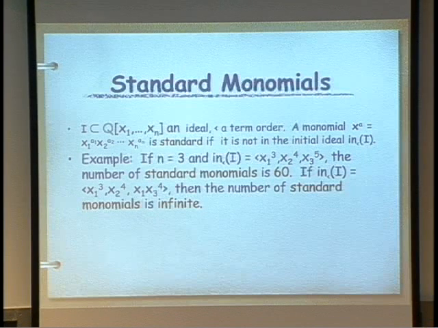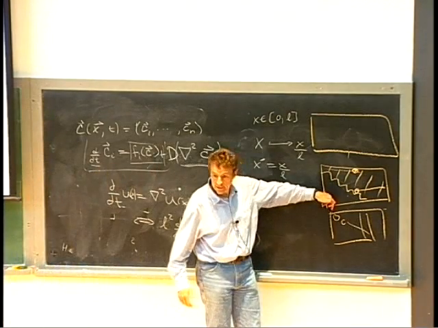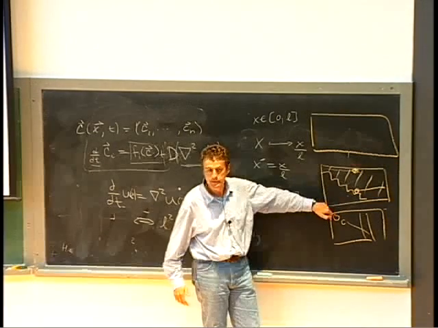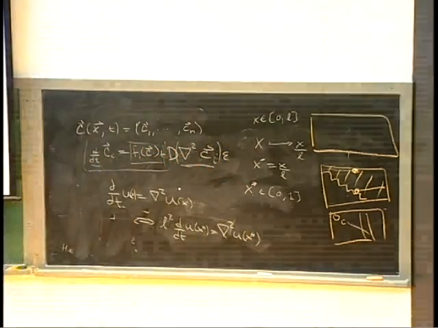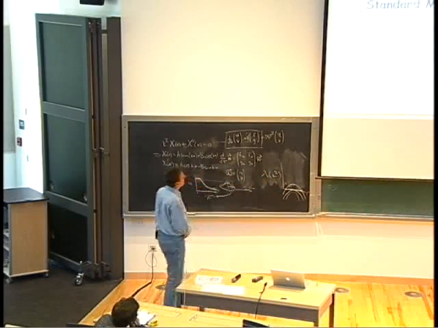Here, these are the columns that have exactly 1, and the rest zeros. They're called standard. Those are the other ones, the non-standard ones.